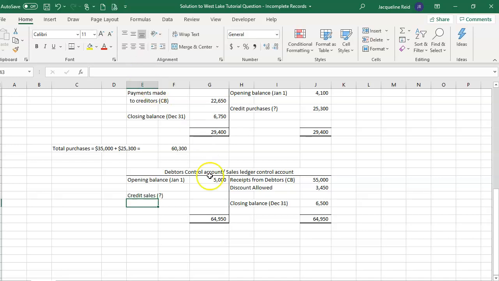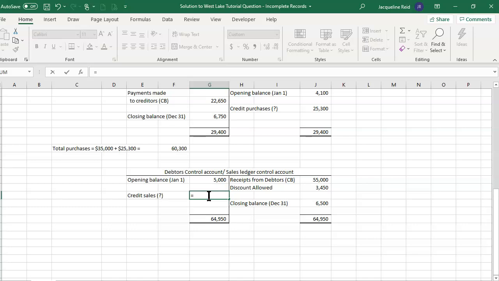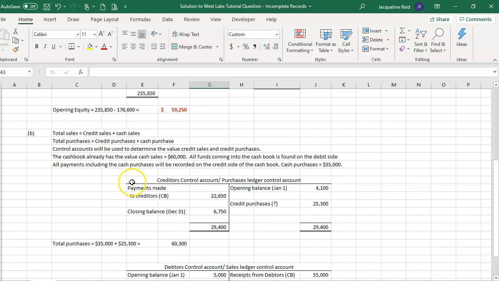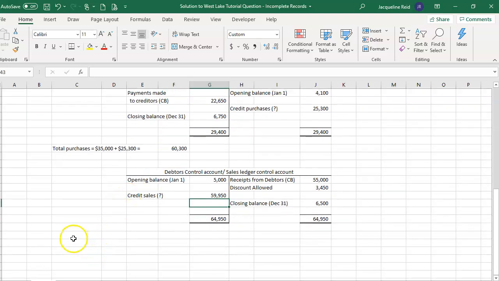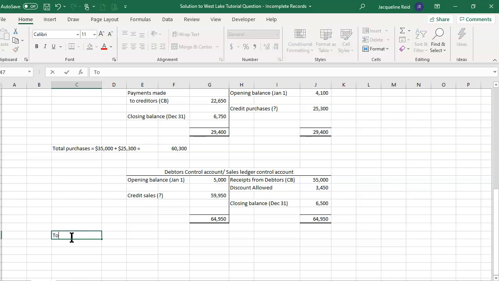So let's get that figure. So it's equal 64,950 minus $5,000. I think I put in 500. $5,000. So therefore we now have our credit sales figure. So we can wrap up now part B of our question. Work out what the total sales is.